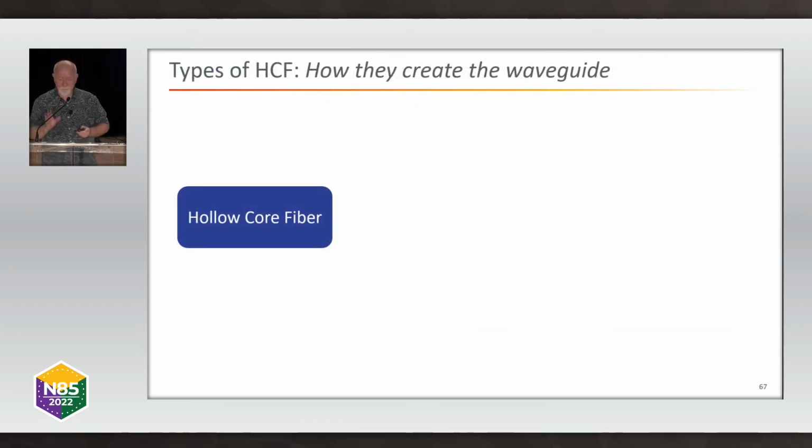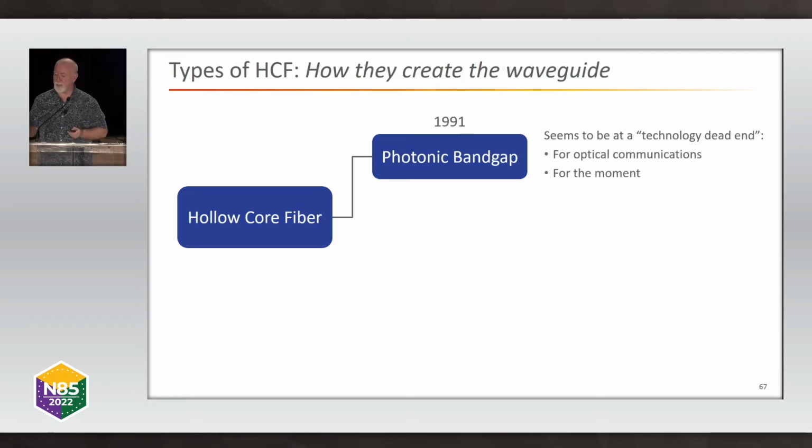So how's it work? Well, the first thing we've got to figure out is how to create that waveguide principle, how to trap the light within the optical fiber. So the very first hollow core fiber used a technique called Photonic Bandgap. So that was back in around about 1991. Now, I'm not going to explain these techniques, it's quite complicated, but Photonic Bandgap seems to be falling out of favor at the moment.